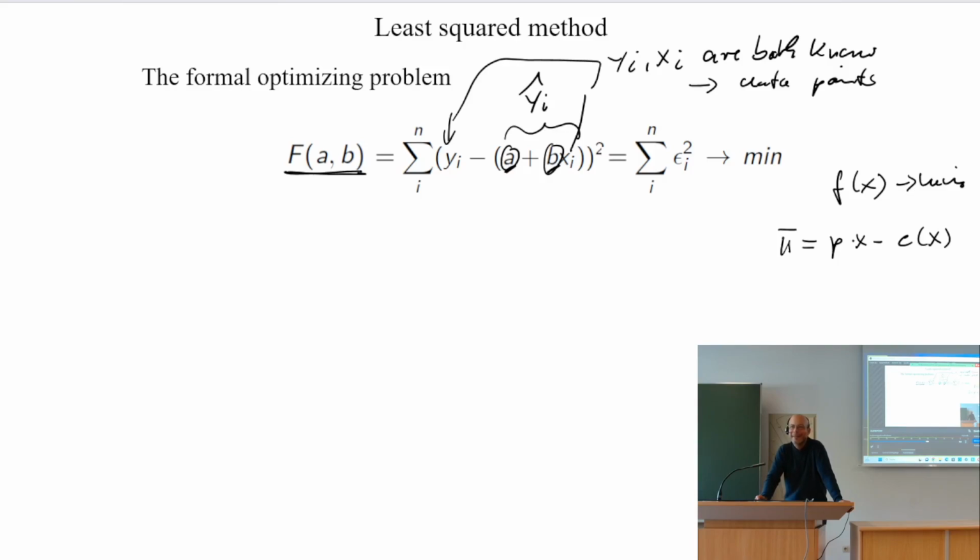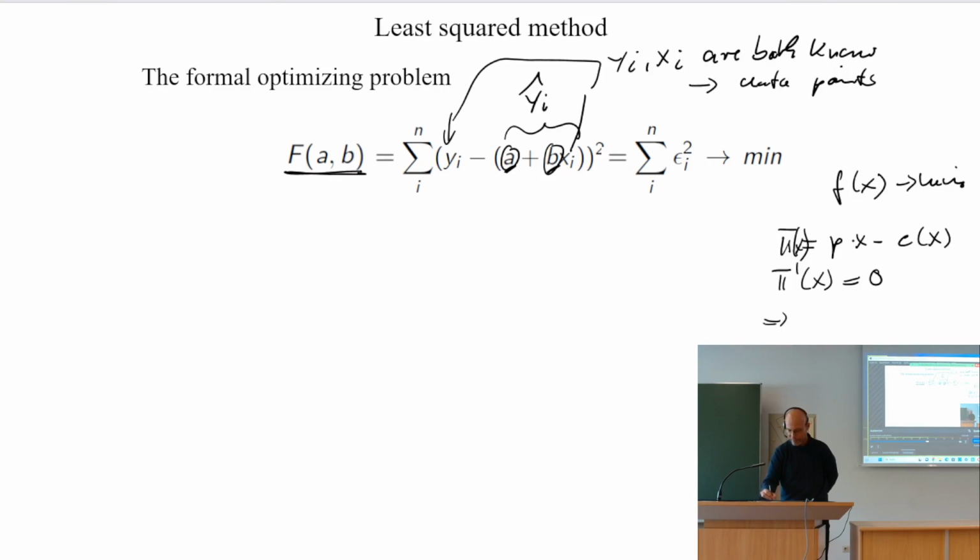Pardon? Well, if you have only one variable, then you do not have to use this formalism of Lagrangian multipliers. What you are just doing is the derivative. Yes, we just make the first derivative of profits and set this to 0.